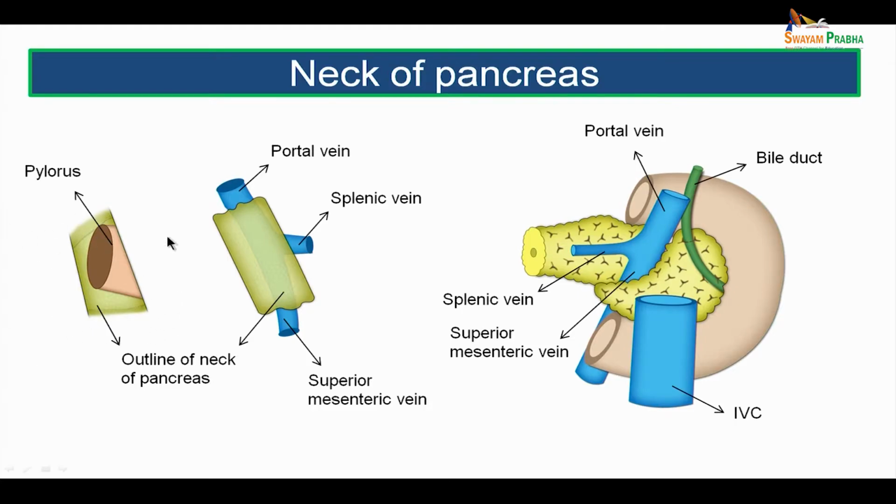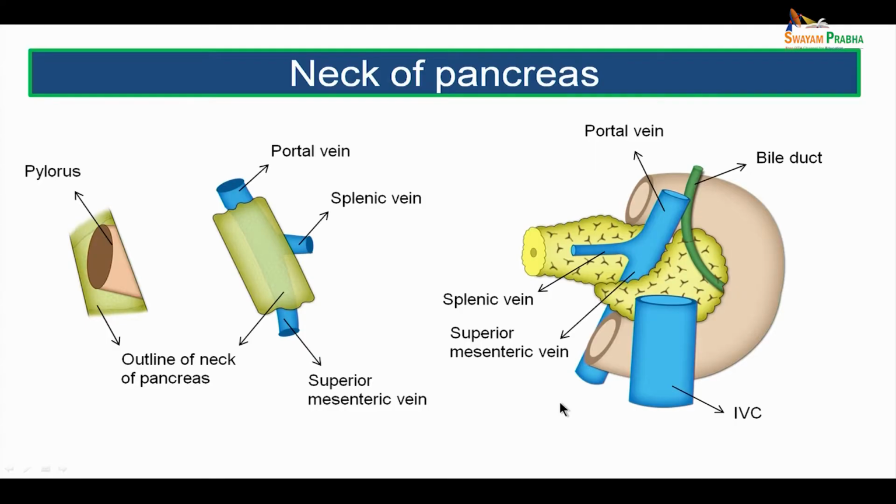This is the outline of the neck of pancreas showing its anterior relation to the pyloric part of the stomach. This picture shows us the posterior relations of the neck of pancreas, which is related to the splenic vein, the superior mesenteric vein in the lower part and the trunk of the portal vein in the upper part. The same is seen here in this picture.